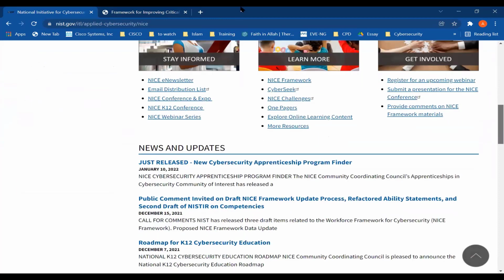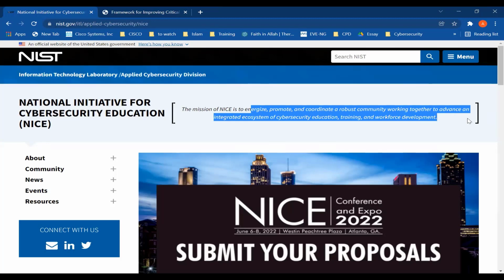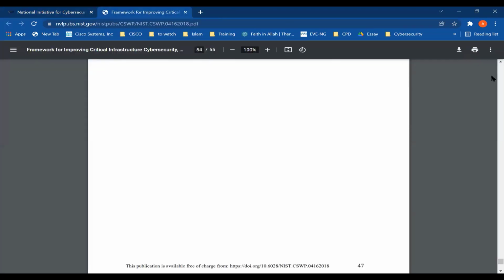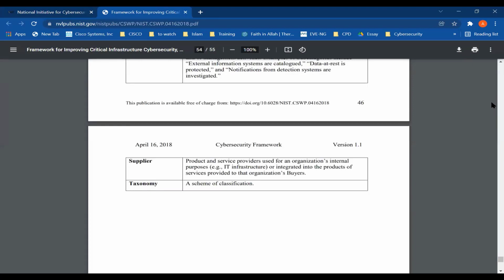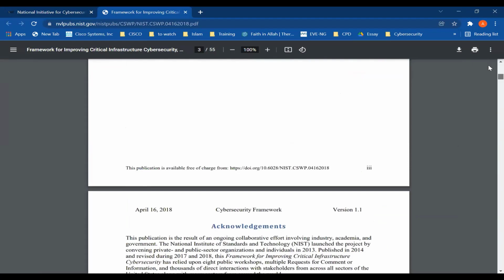Okay. So the mission of NICE is to energize, promote, and coordinate a robust community working together to advance the integrated ecosystem of cybersecurity education, training, and workforce development. So when we talk about NIST, it is focused on organizational framework development, improving the critical infrastructure of a company or the country.